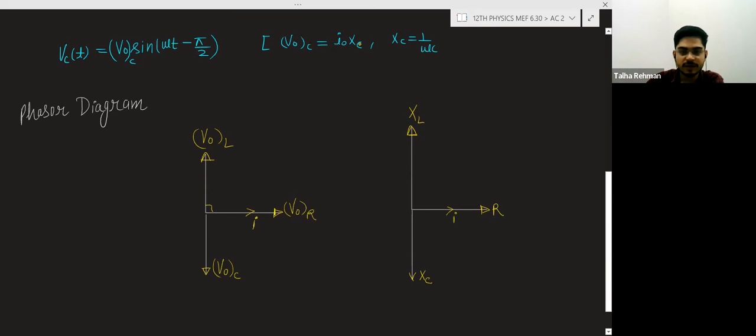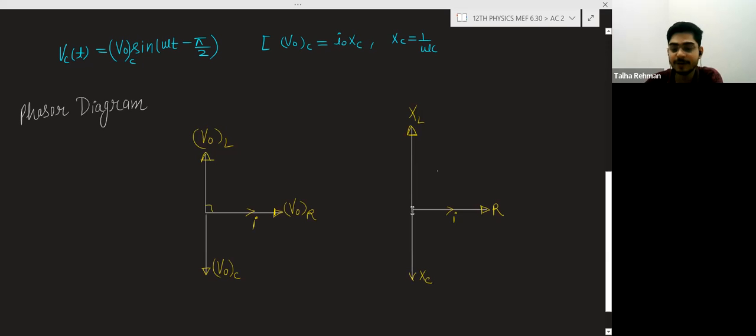Basically, remember, the length of this arrow represents V naught R, the length of this arrow is V naught L, the length of this arrow is V naught C. The length of this arrow is XL, and I have written R at the end, which is the length of this arrow.